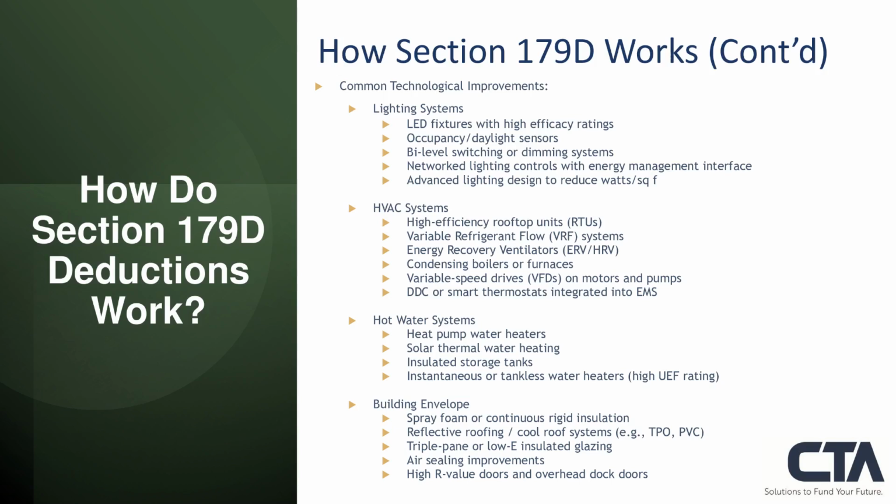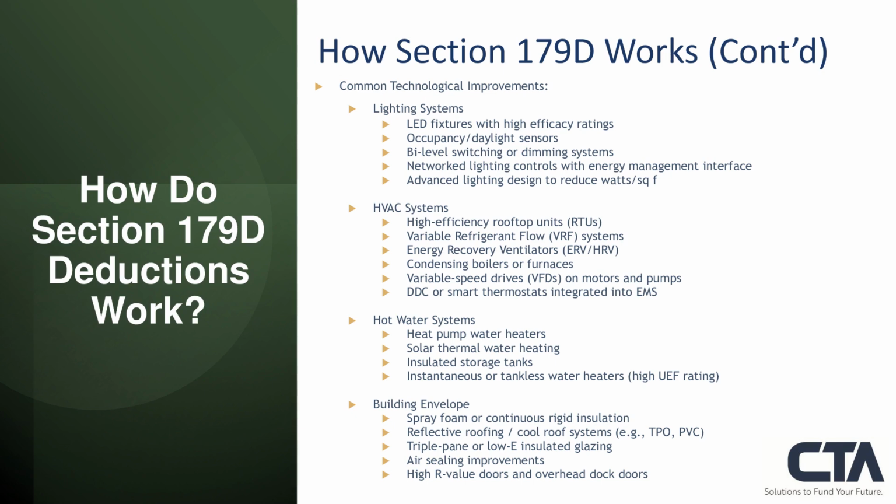Now, same with the hot water systems when you're looking at the heat pumps, the geothermal heat pumps, anything that's really affecting that HVAC and those water systems are really going to drive an efficiency standard from a qualified activity standpoint. And when we get down to the bottom, which is that building envelope, this is really where we look, like I mentioned, the shell of the building. What type of roof is it?